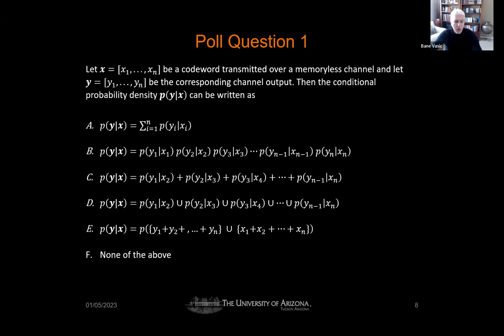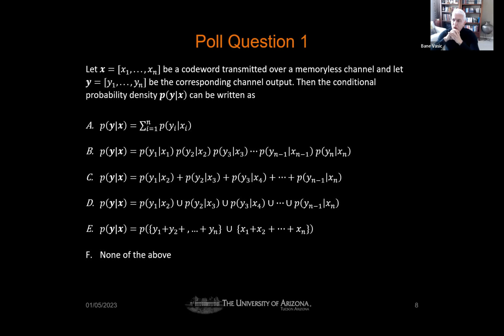Now this is the first question for you to see what we understood. Let's suppose that we have n symbols, and let's say these n symbols I organize and call a code word. And they're transmitted over a memoryless channel.